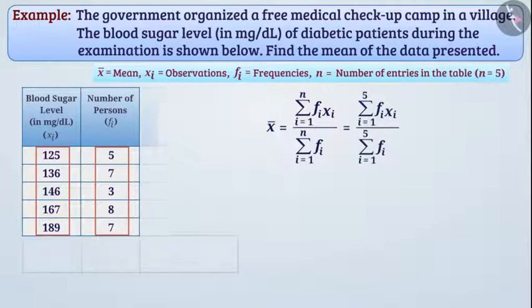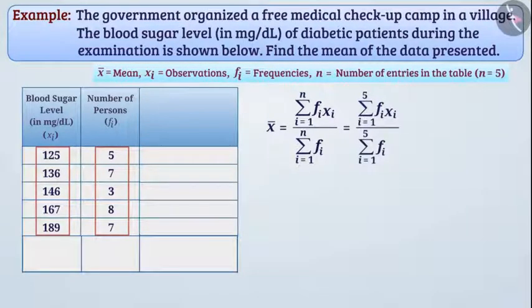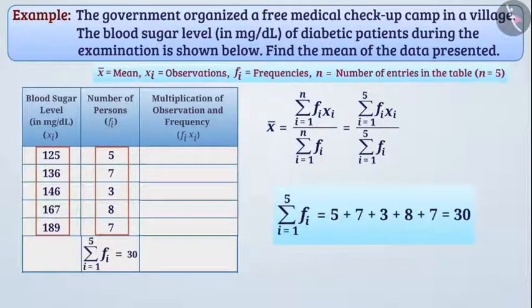Here, we will make the table like this, where in the first column, we will represent xi, the observations, in the second column fi, the frequency, and in the third column, we will represent the multiplication of observation and frequency, fi xi. Here, the sum of the frequency of observations is 30, which means that a total of 30 diabetes patients were tested for blood sugar level.